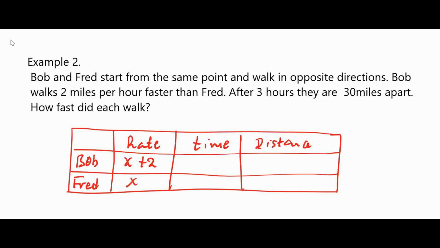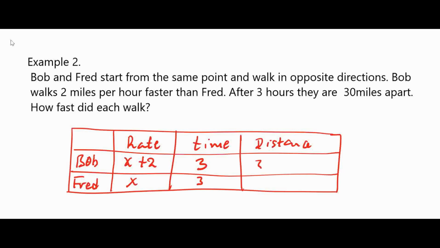Okay, after 3 hours, they are 30 miles apart. So the time is 3 hours. So we can multiply the rate by the time in order to get the distance.